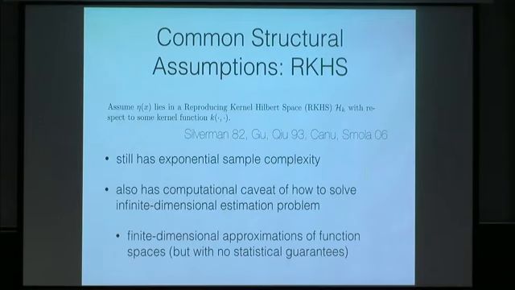So the finite dimensional approximation to the infinite dimensional function space is an actual approximation. So many of the statistical guarantees, even this exponential sample complexity, I can't really say given this finite dimensional approximation. Okay, so that's where we are. In some sense, we are worse off than the kernel density estimation. Right? Empirically, this might be preferable to kernel density estimation, but still, in terms of guarantees, we are worse off.